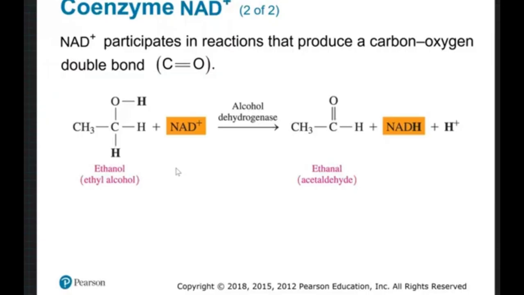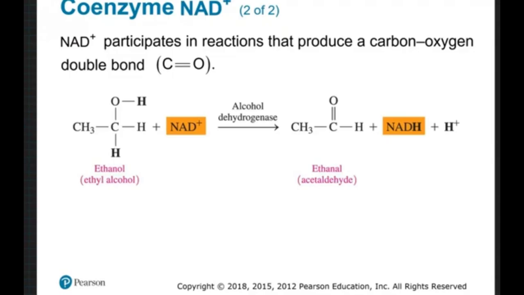For example, when ethanol is oxidized by the enzyme called alcohol dehydrogenase, the electrons and the hydrogens that are taken away from ethanol effectively jump on NAD+, forming NADH.